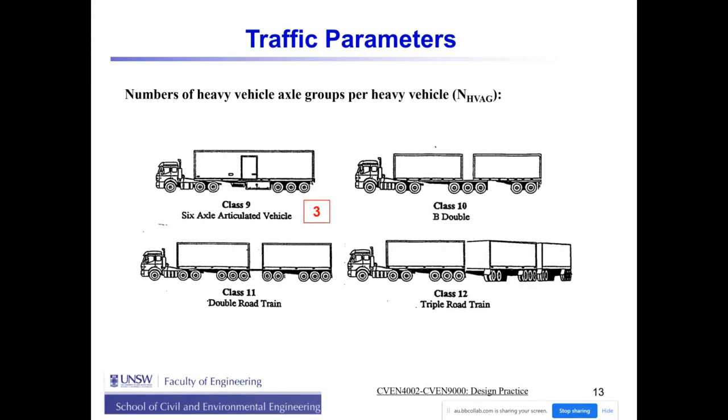For class 10, can you please tell me? For B double, exactly, it is 4. Then class 11, 5. And class 12, here it is 7. So the first parameter is very easy, the number of the axle groups per heavy vehicle.